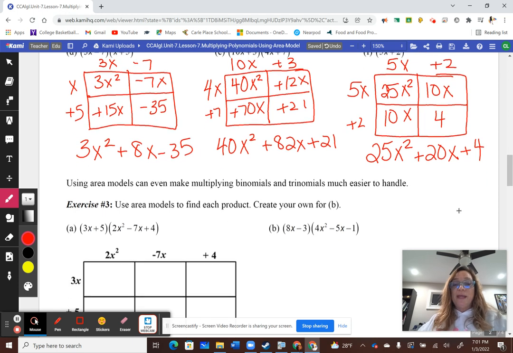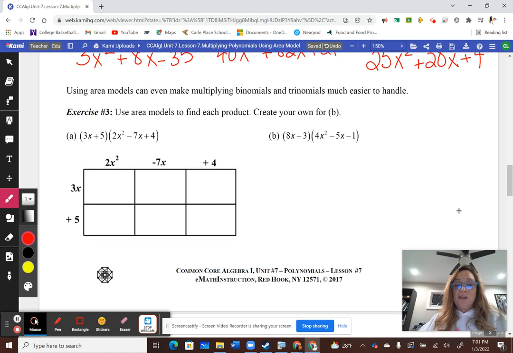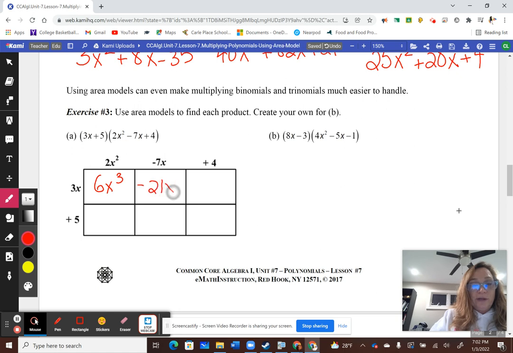Okay, so now we're just doing it using a binomial times a trinomial. So, bi is 2, tri is 3, 2 times 3 is 6, so you're going to need 6 boxes. Okay, so you have 3x times 2x squared, which is 6x cubed. 3x times negative 7x is negative 21x squared. 4 times 3x is 12x. 5 times 2x is 10x squared.